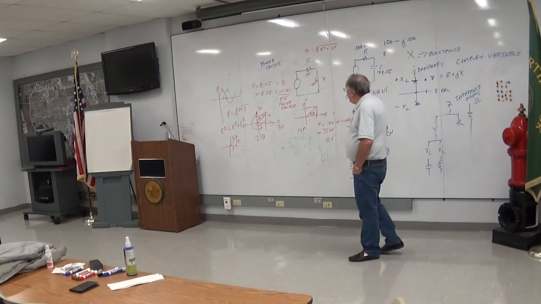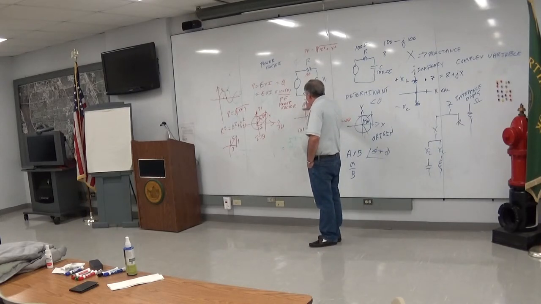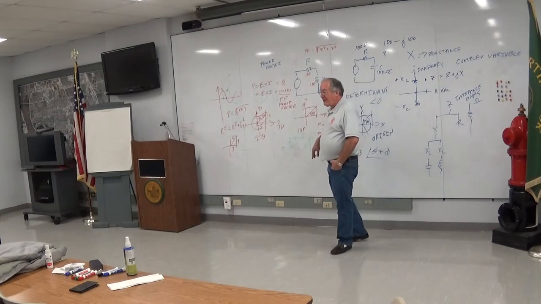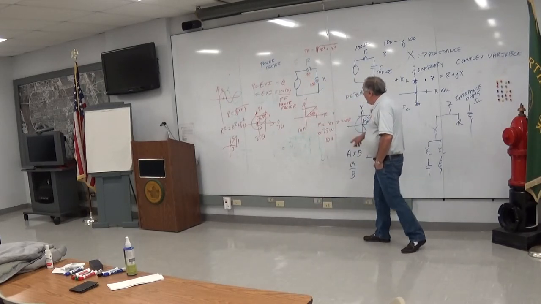And the way to describe where that ends up is on this diagram where inductance is positive, capacitance is negative, R is always positive, there's no negative resistance in the real world. There's something called a tunnel diode that can kind of simulate it, but we won't go there.